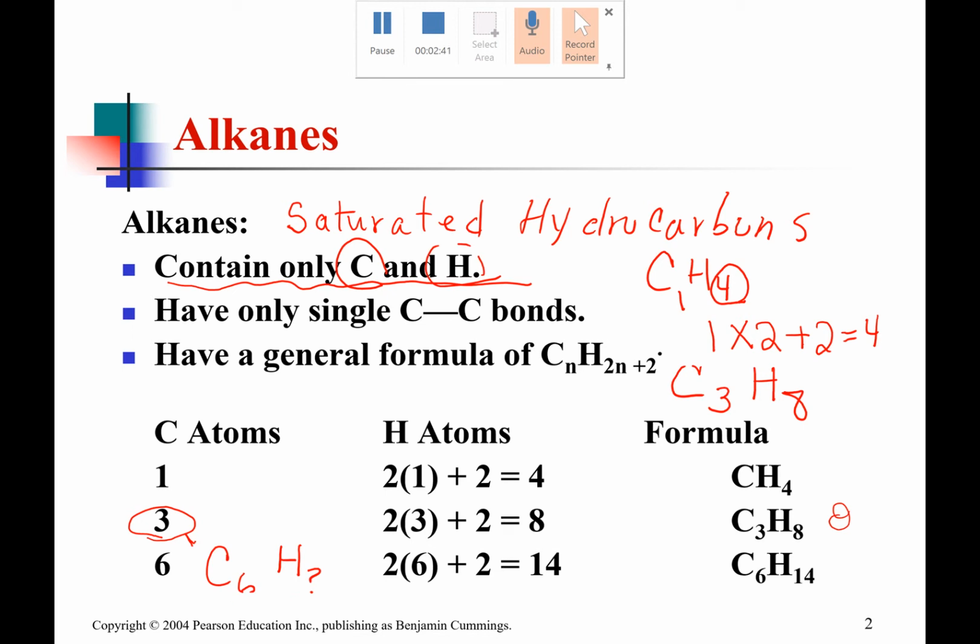Take the number of carbons, which is 6, multiplied by 2, and add 2, and you are going to get 14. So if there are 6 carbons, you have 14 atoms of hydrogen. That's the molecular formula. We call all of these the molecular formula of alkanes.